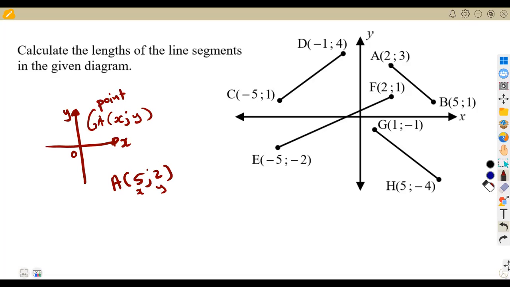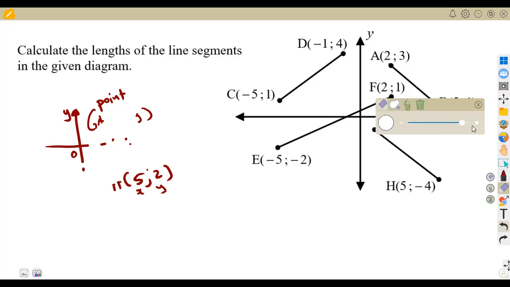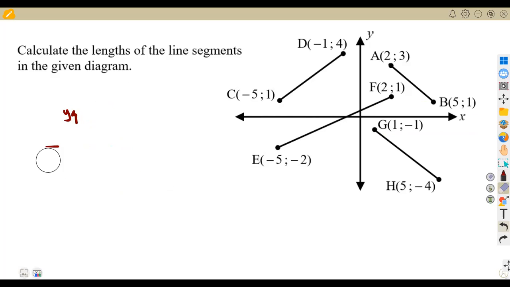So when you are talking about the length, which is the distance found between 2 points, these 2 points, there is A, there is B here. When you join them, they form a line. Definitely the moment that we have formed a line, we want to know the distance, the length of this line.